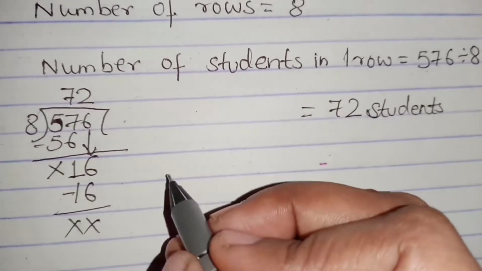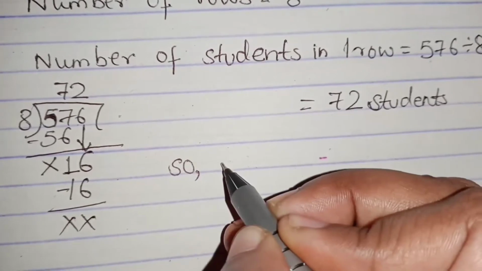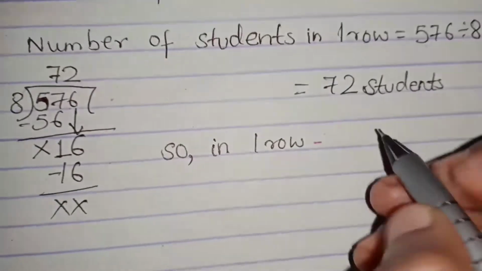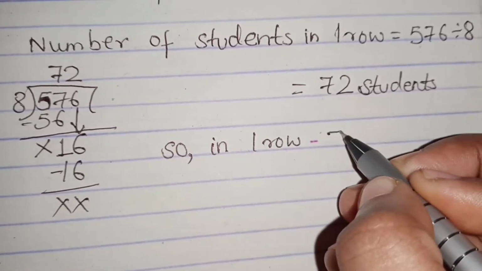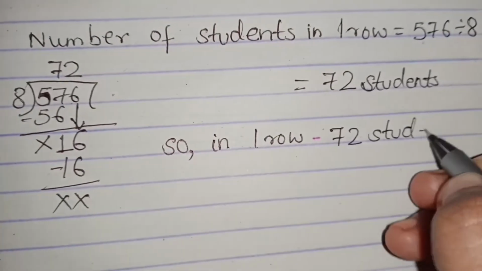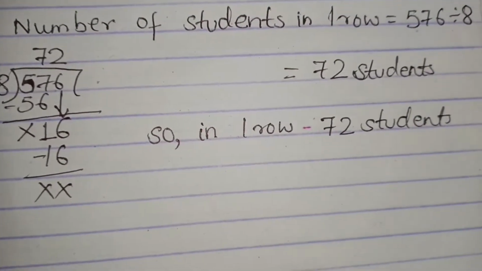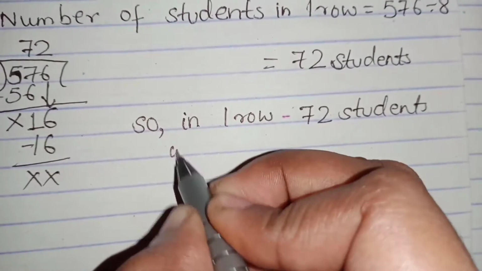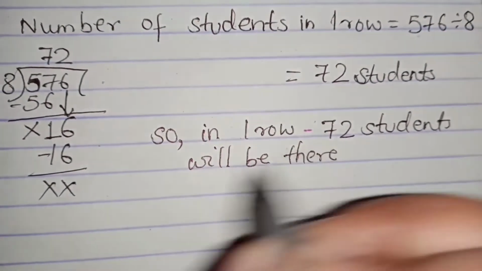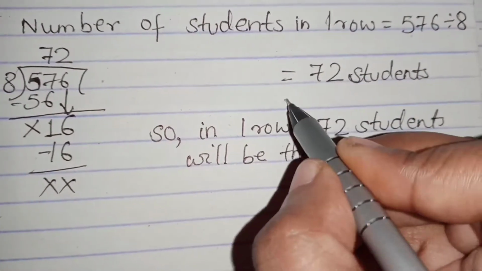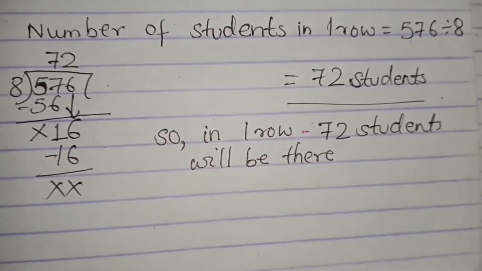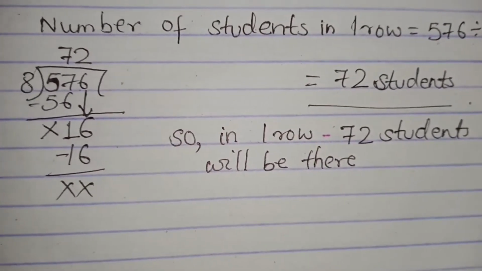And we can write that in one row 72 students will be there. You can write this statement, otherwise you can leave it up to this much. Now let's see the next question.